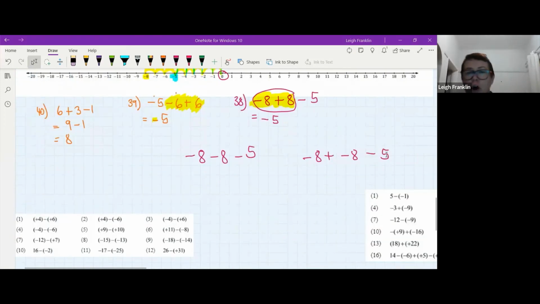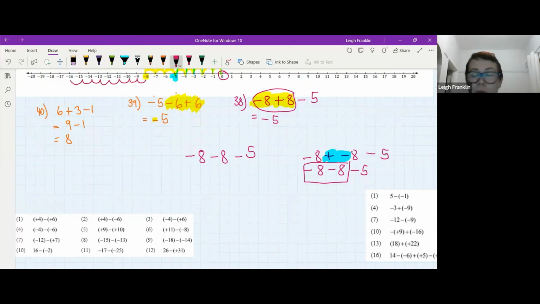No, it wouldn't, because when you add a negative number, you are subtracting. So here you would start at -8, and then you would take away 8, and then you would take away 5. So this is not an additive inverse. It means start at -8, move 8 places to the left-hand side.